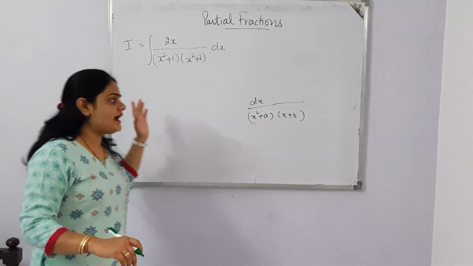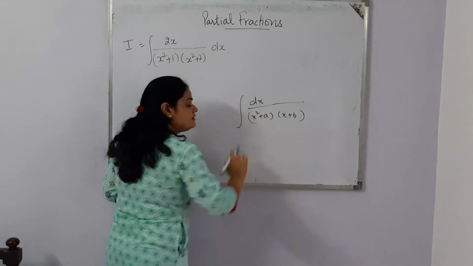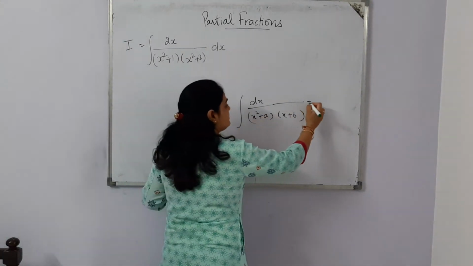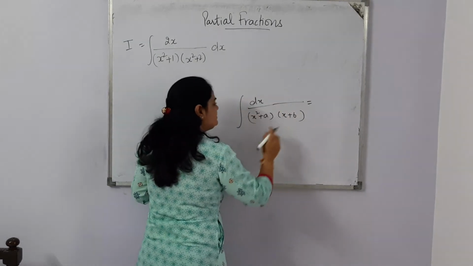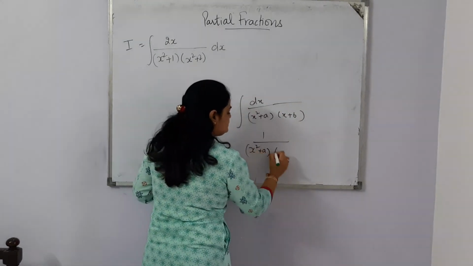So what we have to do in this case: whenever power 2 is there, that means the factor is not a linear factor. In that case, we have to take 1 upon x square plus a, with numerator ax plus b.